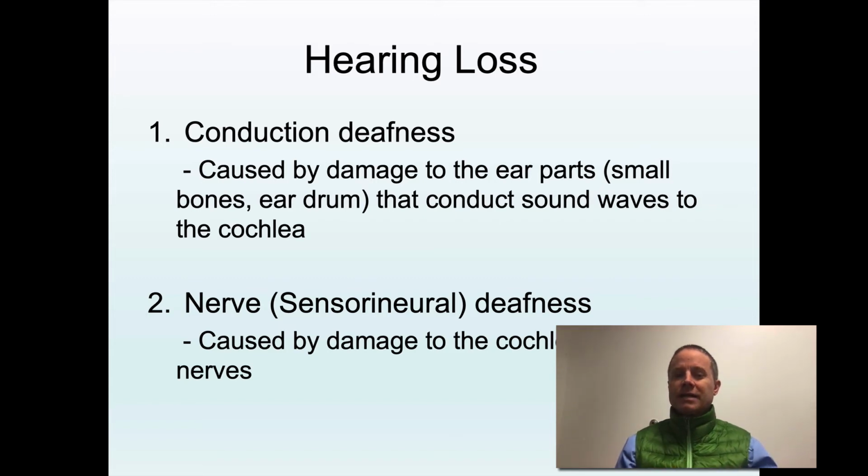The second type of deafness is called nerve deafness, or sensory neural. This is damage to the cochlea. Remember, the cochlea is the part of your ear where transduction occurs. Deep down inside, it's the little circular thing with the liquid and the hairs. If that gets damaged, it's called sensory neural or nerve damage.